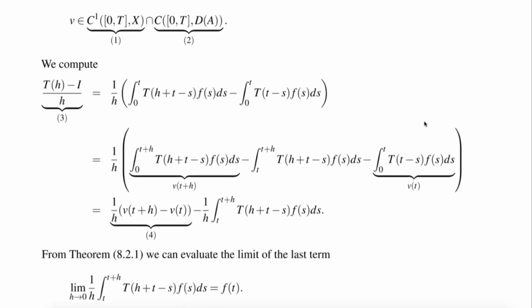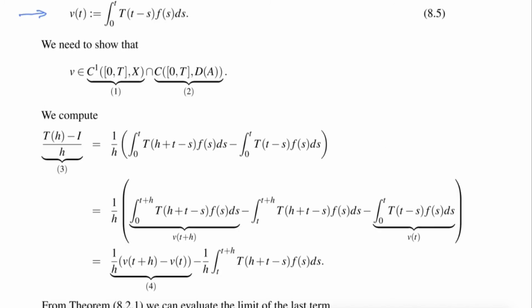So let's compute this. And I compute the differential quotient, which was basically the definition of A. So there's a v missing, of course. I want to apply this to the v, which I just defined. So I substitute the v, which means the semigroups are shifted in the first term by an h, which happens right here, and the second term is unshifted.